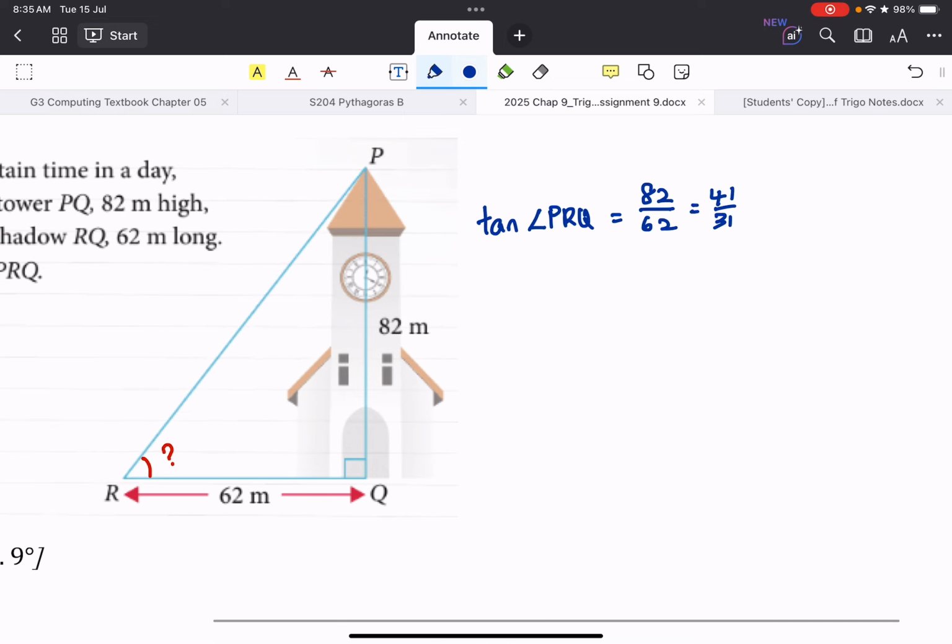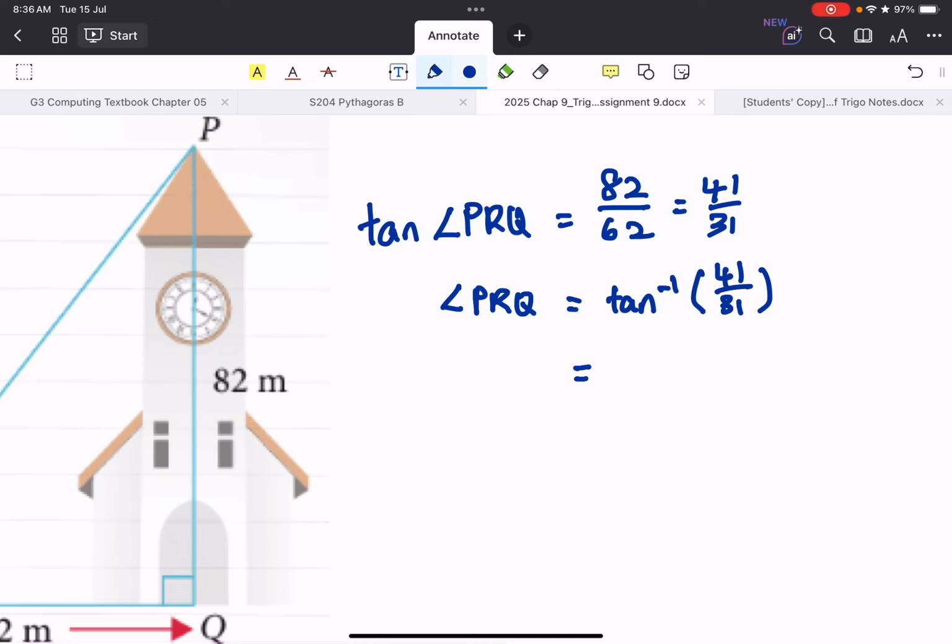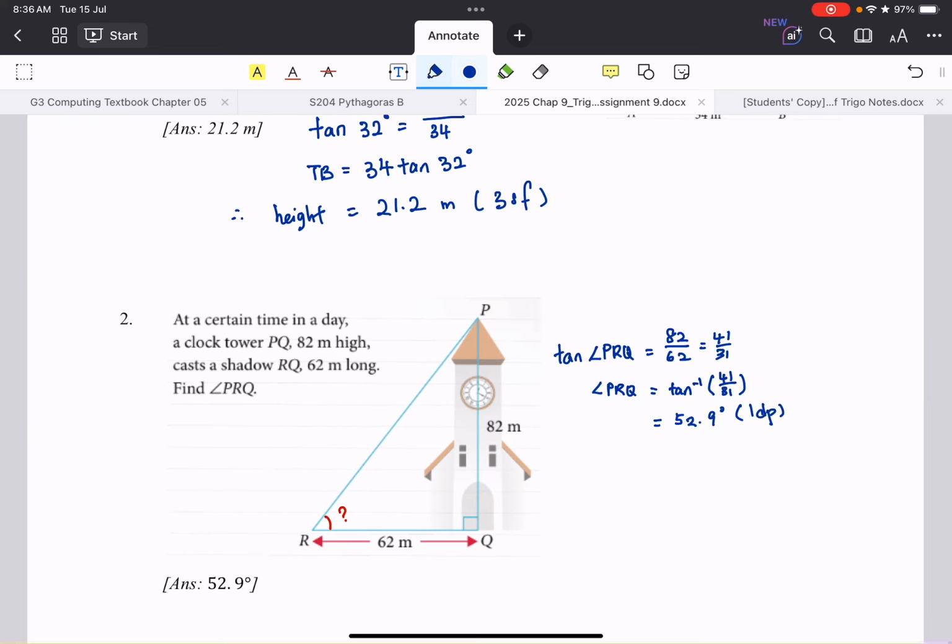Let me just zoom in over here. Therefore, the angle PRQ will be the inverse tangent of 41 over 31, and let's work this out on the calculator. We get 52.9 degrees, and this is in 1 decimal place for a degree.